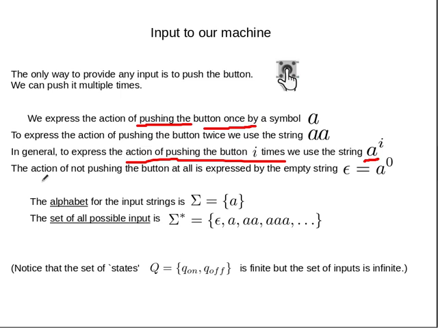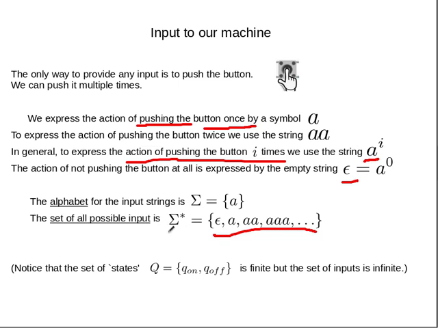So pushing the button 0 times is the empty string, because it doesn't have any A, and each A stands for pressing it once. So what are the possible inputs to this machine? These are all the A to the i, including A to the 0, right?